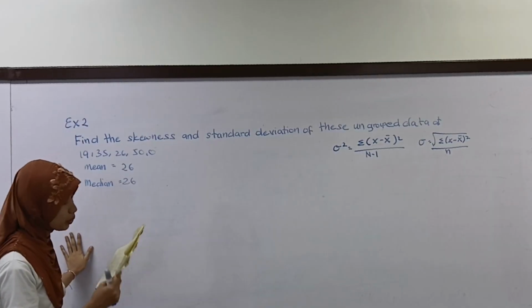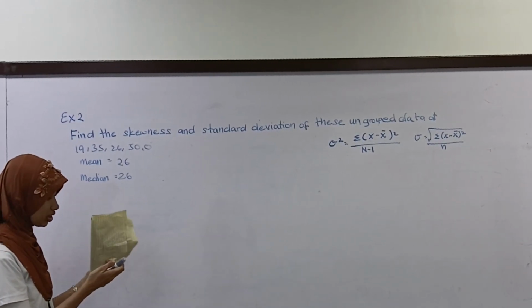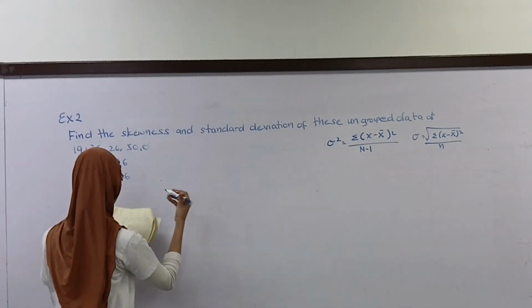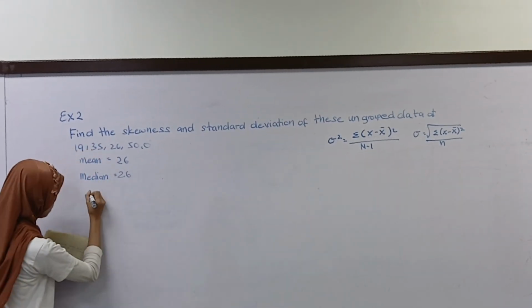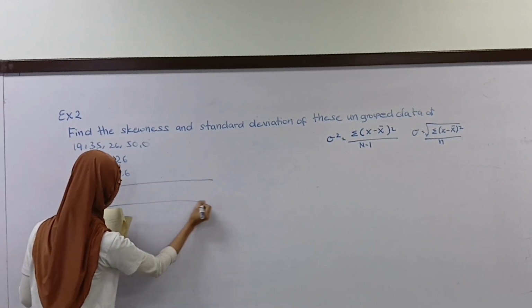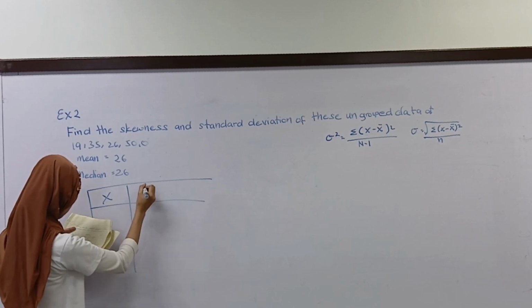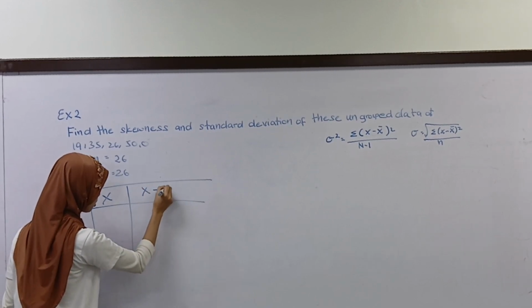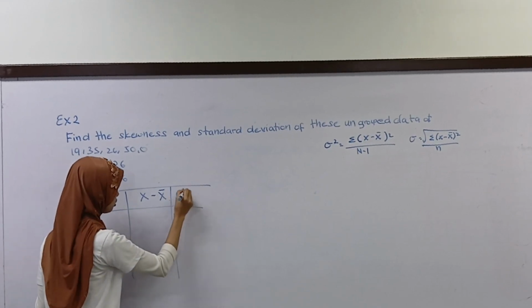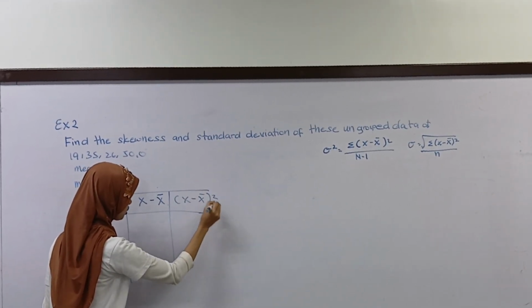For this example, we're going to make a table in order for us to get the standard deviation, since it is ungrouped data. So x minus mean, and also the square.